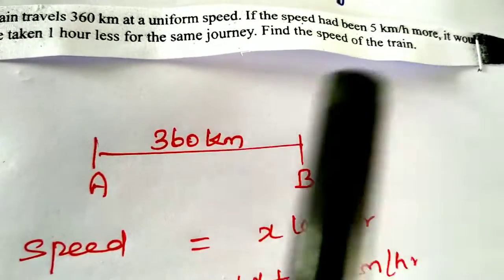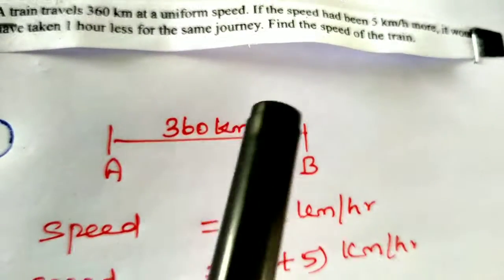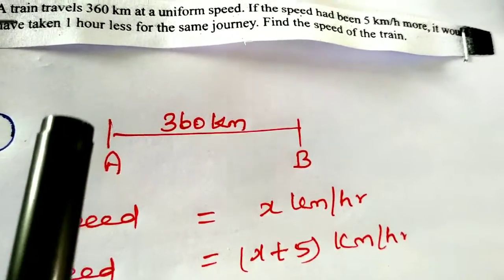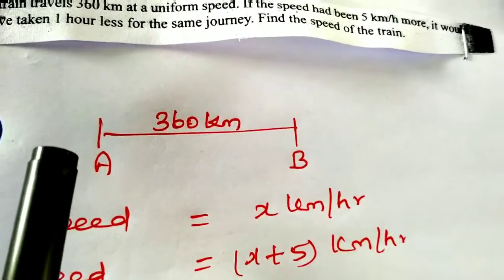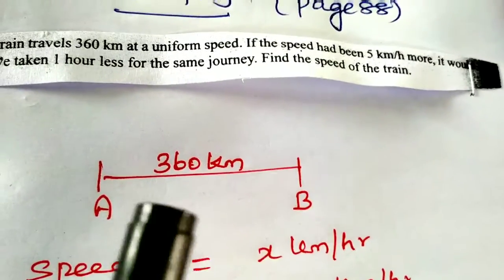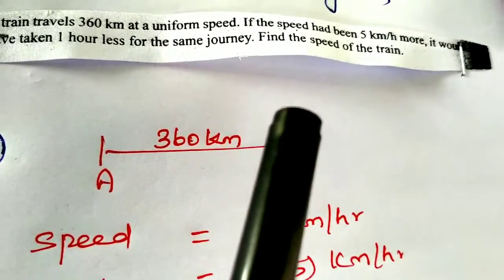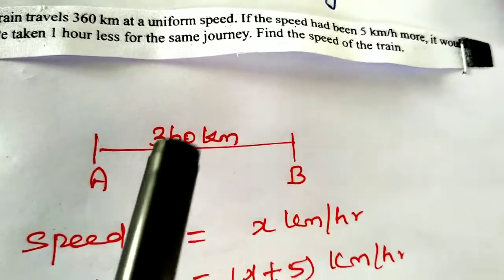We have to compare the timings, previous time and then after that. When the speed is x kilometer, what is the time taken? When the speed increases to x plus 5, what is the time taken? Compare both the values, and the difference between the timings is given as 1 hour.